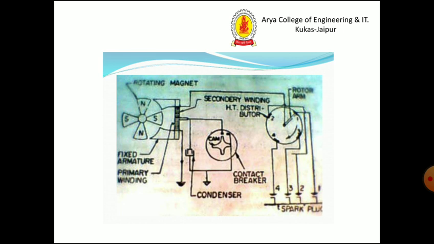When the rotor arm is operated and connects to the different terminals like 1, 2, 3, 4, which are arranged in the sequence of the firing order, a spark is generated in the spark plug and the ignition is completed.